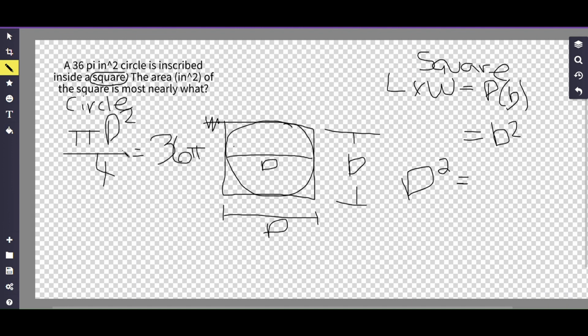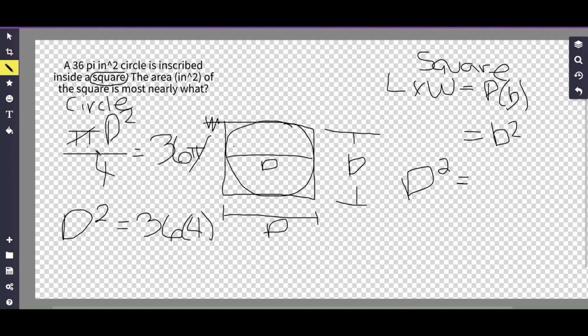So now that we have circle and square and we've identified those, if we isolate d squared, we now have 36 over 4. How do we get that?